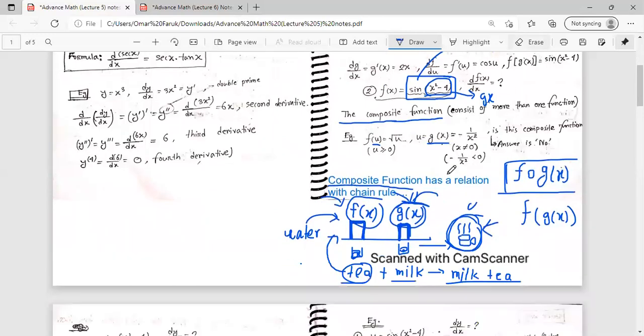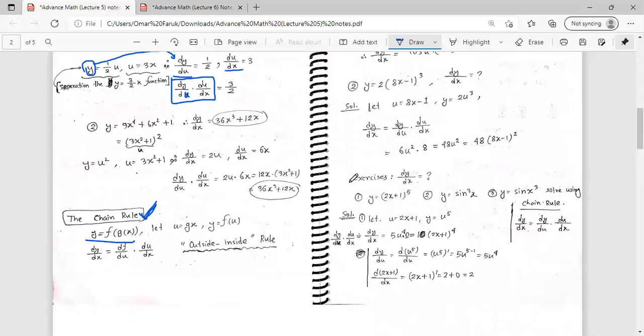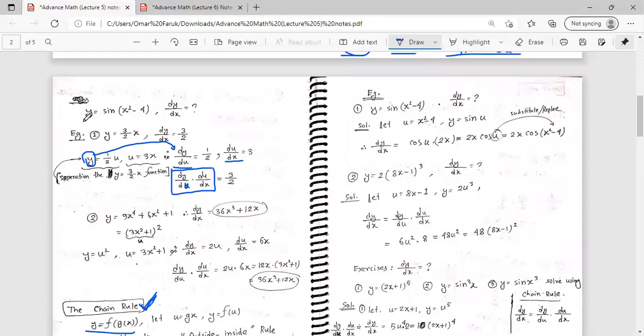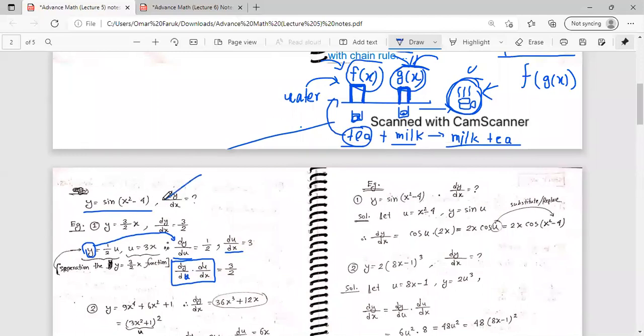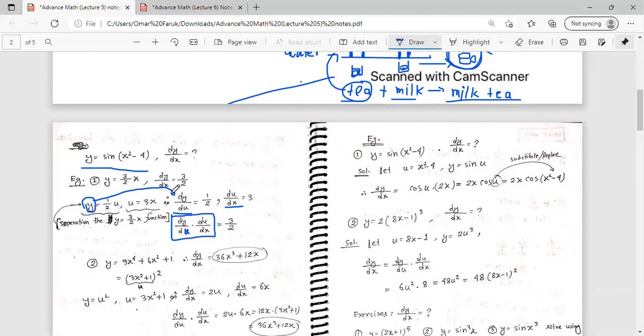So now let's see a real example. We have a function y is equal to sine of x square minus 4. We have to find dy by dx, the derivative of y with respect to x.